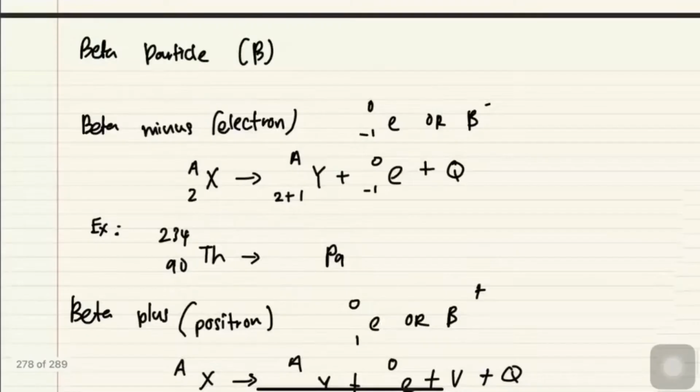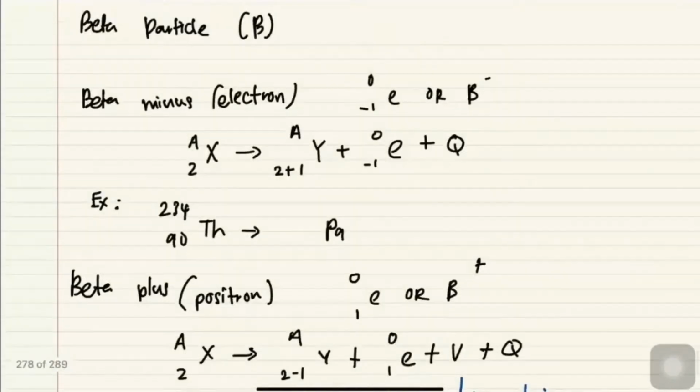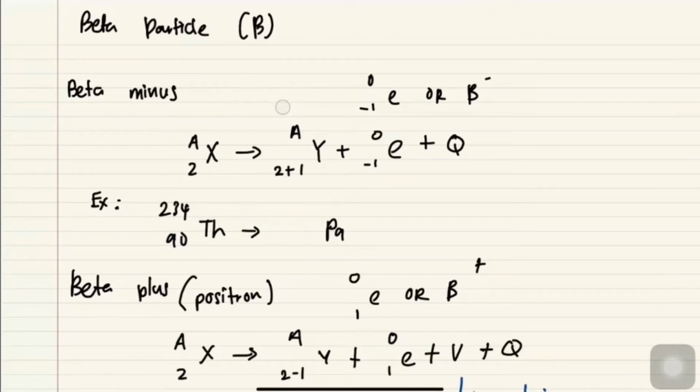Okay, alright, good. The next decay is beta, which produces the beta particle. The beta particle has beta plus and beta minus. Beta minus we call an electron.